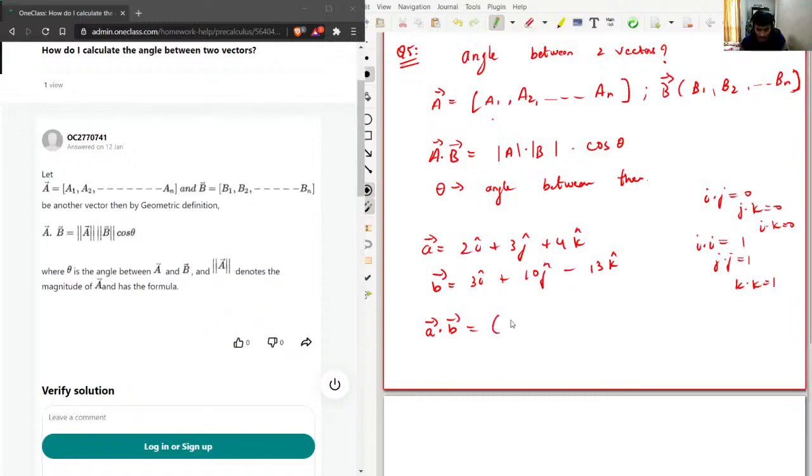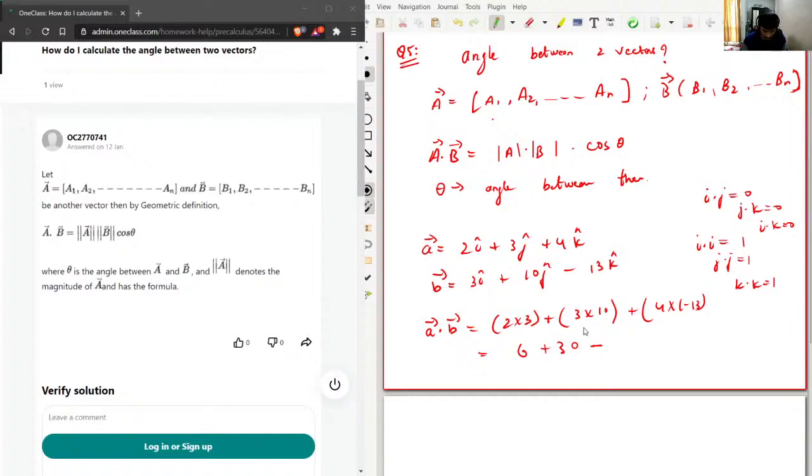So dot product will be 2 into 3 plus 3 into 10 plus 4 into negative of 13. This will become 6 plus 30 minus 4 into 13.